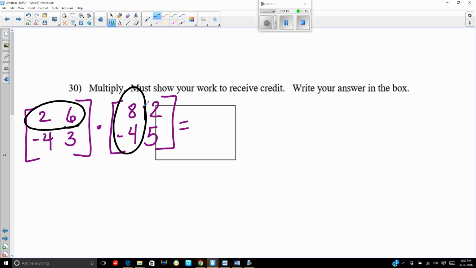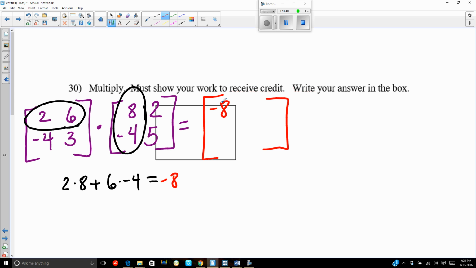So the pattern for multiplication is we're going to multiply 2, in the first position, by 8, in the first position of the other matrix, plus 6 times negative 4. So we calculate that, 2 times 8 plus 6 times negative 4. I believe that is negative 8. So negative 8 goes in the first box, the first position of your solution.